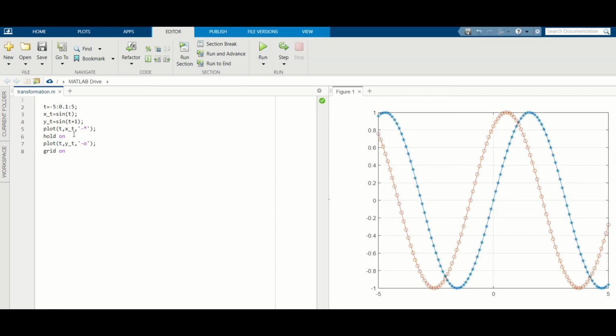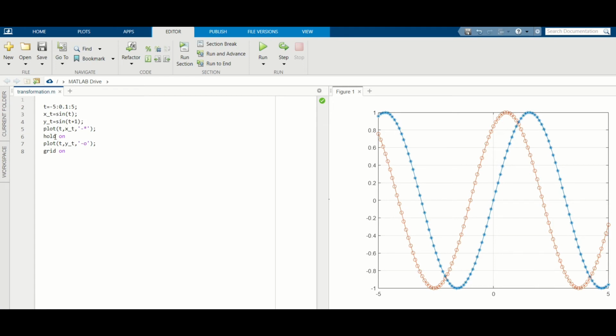So what I did here, this is our yt function, which is sine of t plus 1. Plot 1 is your original function, which is your x of t, which is varying with t, and the marker is given by star. So the graph with star mark, that is in blue, is your original signal. And hold on helps you to plot two plots on the same figure.